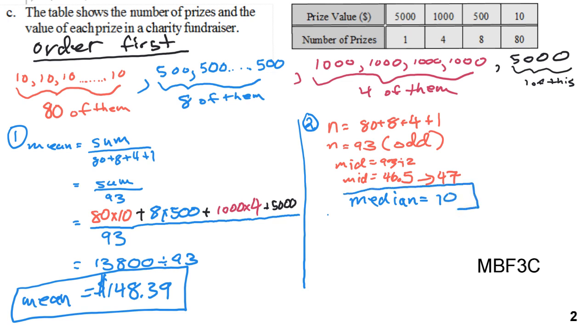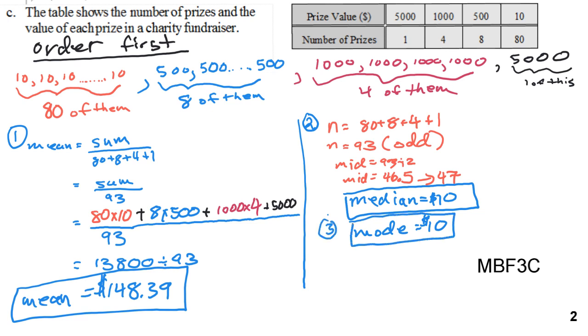So the median is going to be $10 because it's in the first set, right? So now, here's what's left. We need to figure out what the mode is. The mode is equal to 10 because there's 80 of them. So the mode is $10.